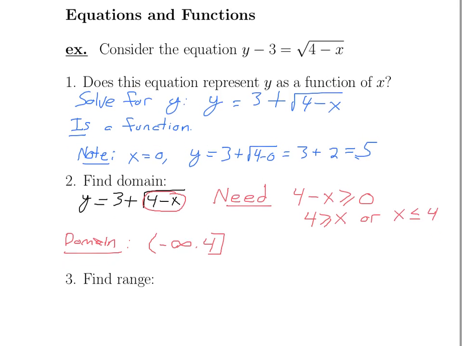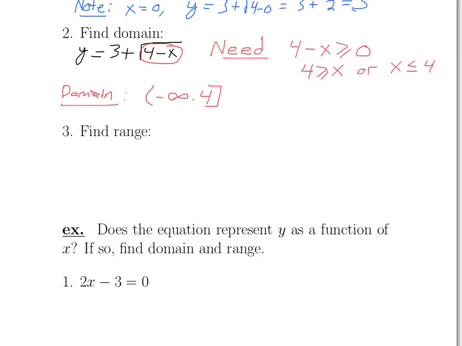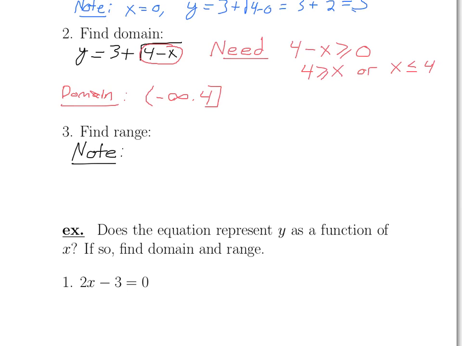Alright, next we want to find the range. So the range is how far down to how far high does it go? Well, the thing that you need to note here first, before we do anything, is that for the equation, the square root of 4 minus x has to be greater than or equal to 0. Right? This can never be negative.